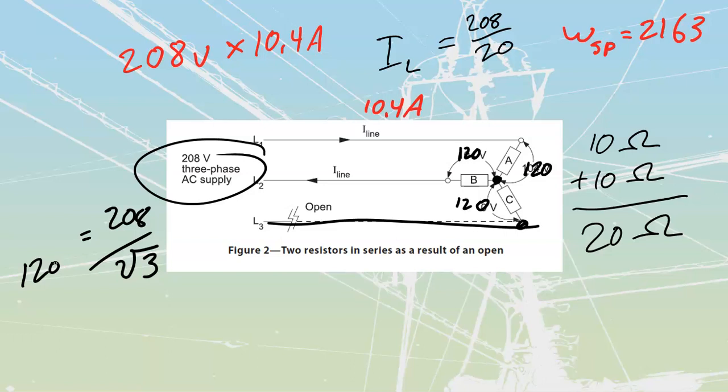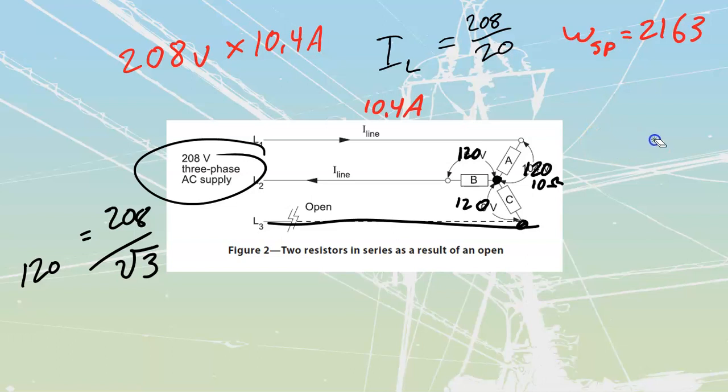Okay, since we have that phase value of voltage, we can figure out the current going through each of these loads. If I've got 120 volts, and this is a 10 ohm resistor over here, I can figure out my current through this phase. I phase is equal to E phase divided by R phase.